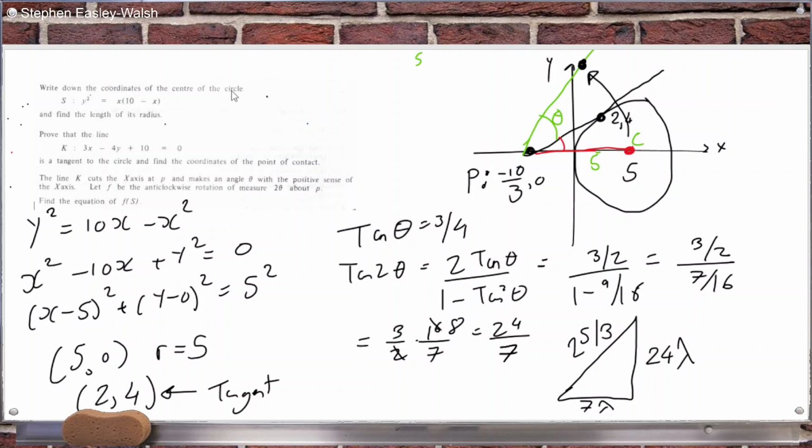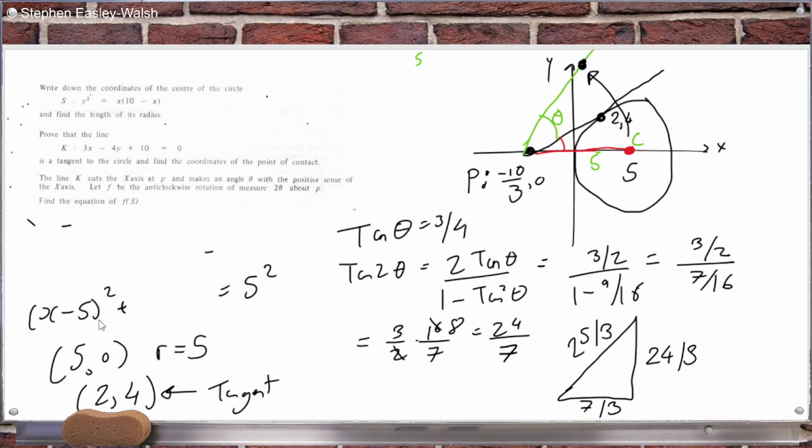So it means that the lambda is 1 over 3. So this side here is 24 over 3, and that's 7 over 3. That's 7 over 3, and that's 24 over 3. Okay, so 3. So I figured out where this point is. It's going to be at minus 10 over 3 plus 7 over 3 and 24 over 3.